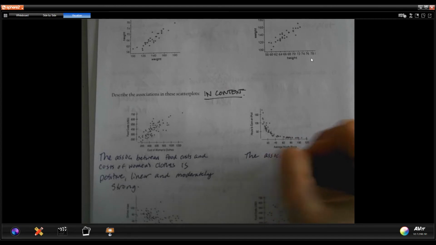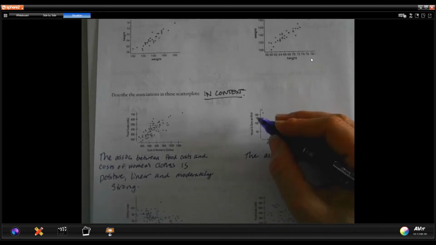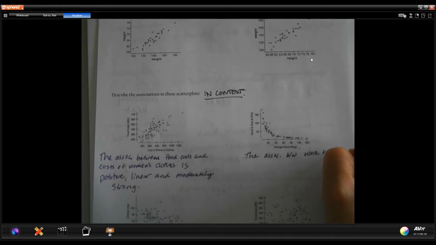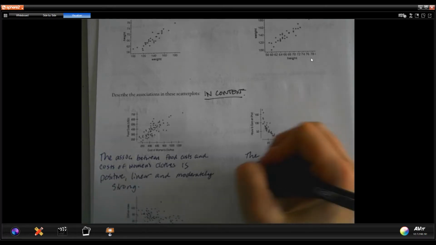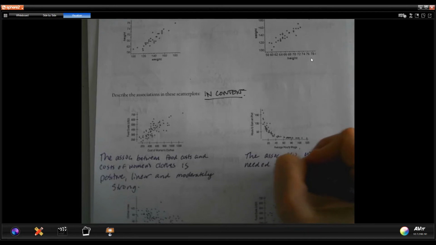All right, great. Next one, the association between. That's how we're going to start. The association between. This is average hourly wages and hours to earn an iPod. Work hours needed to earn an iPod.